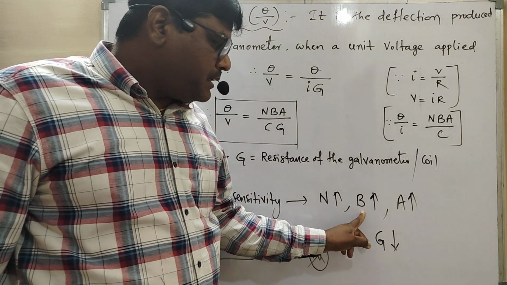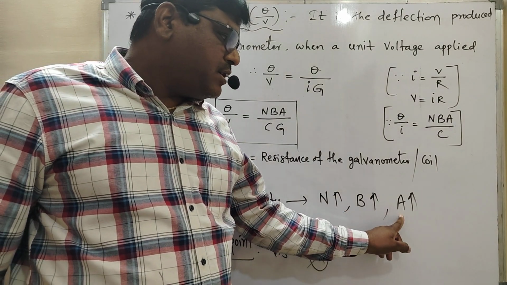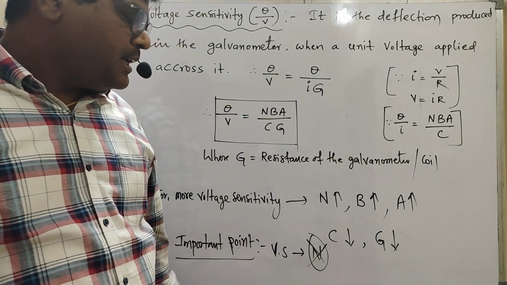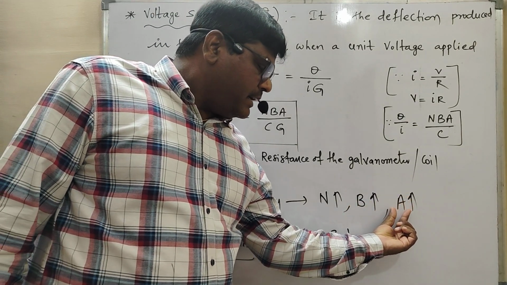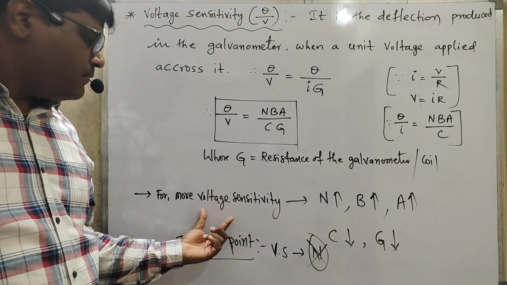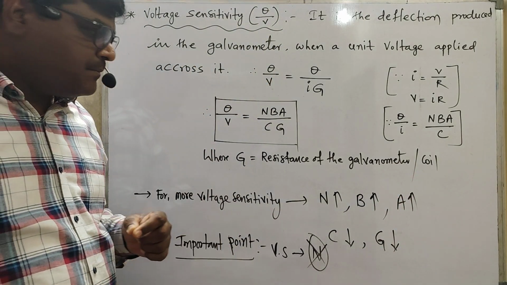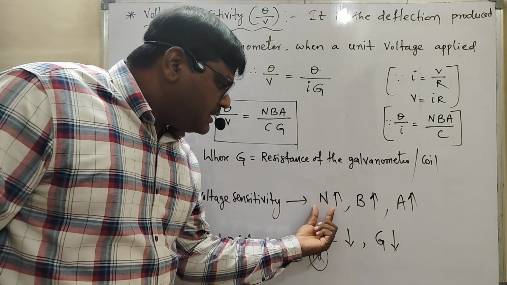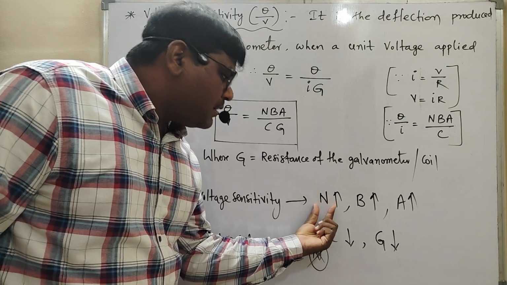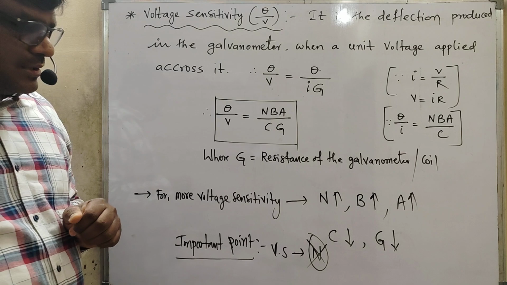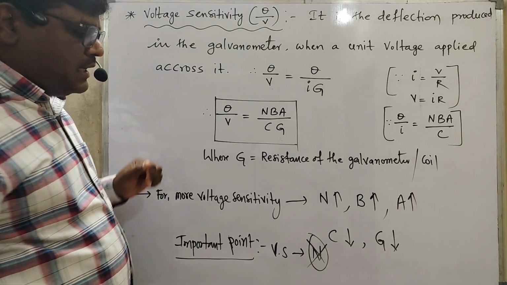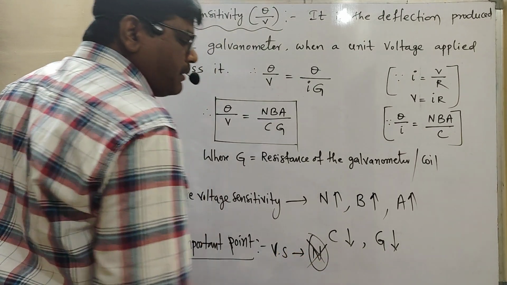Of course, it depends upon the magnetic field and area of the coil. If you are increasing the magnetic field or the area of the coil, voltage sensitivity increases. But if you are increasing the number of turns, voltage sensitivity does not increase. Why? Because it is independent of the number of turns.